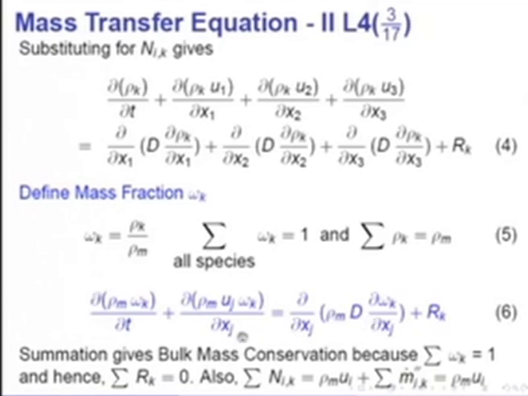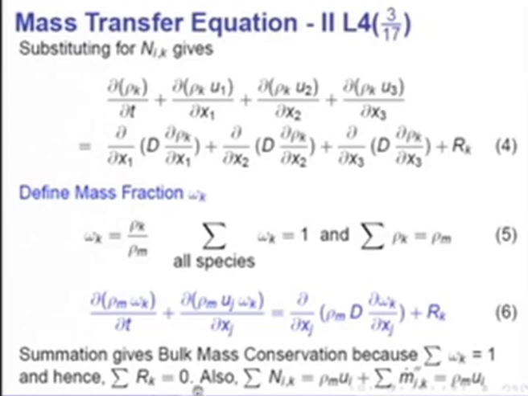You will recognize readily then that in the absence of omega k, the left hand side is simply the bulk mass conservation and it equals 0. It follows therefore that sigma r k must be 0. These two last deductions are very, very important.